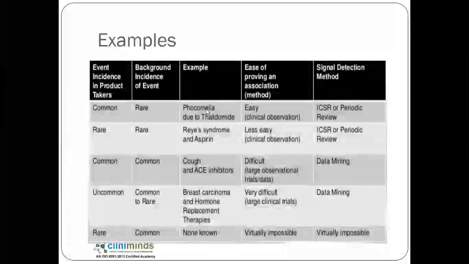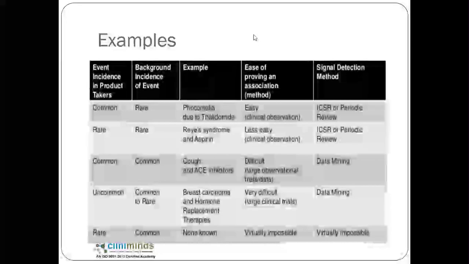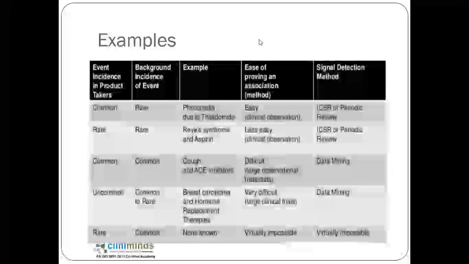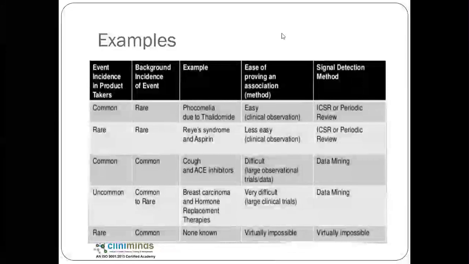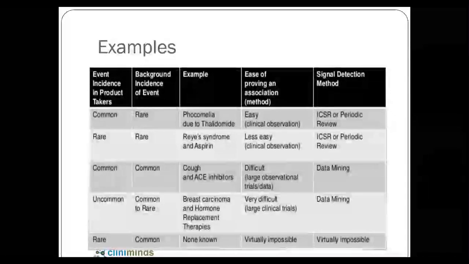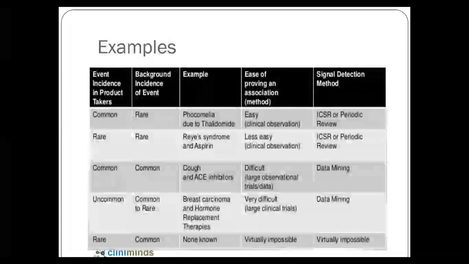If the drug event is common in the background as well as common in the patients, it becomes difficult to determine whether it is actually being caused by the drug or not. For this, very large data is required so that a substantial result can be generated, so data mining is preferred as the detection method.